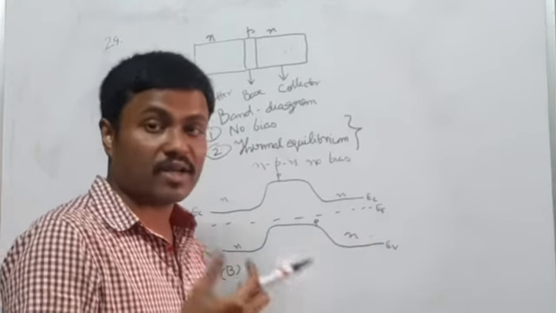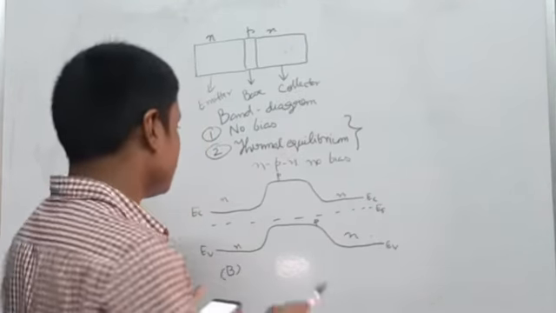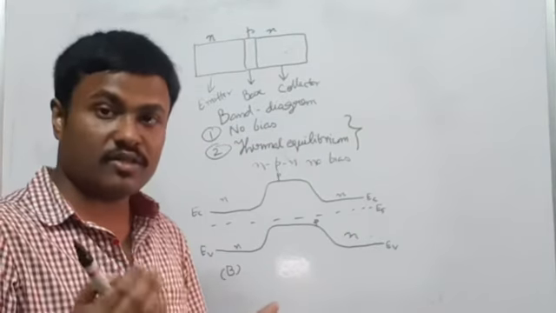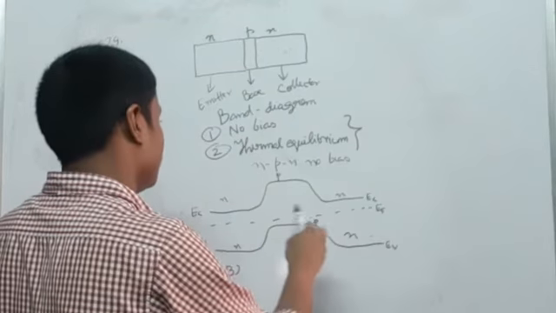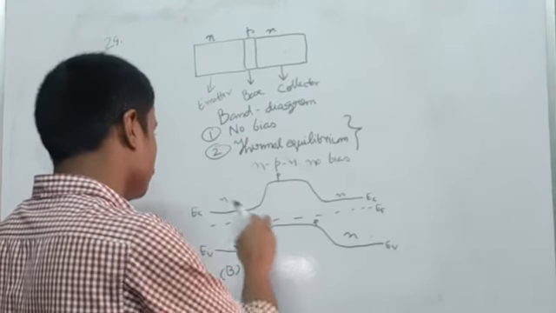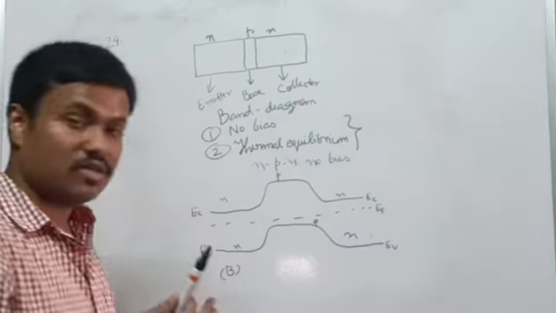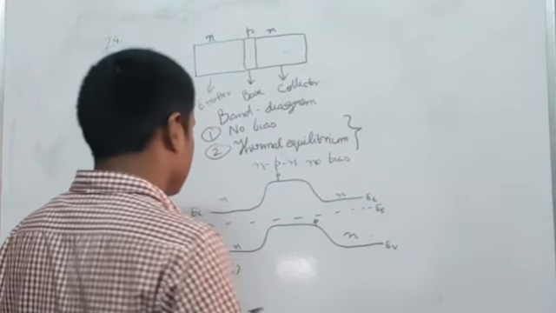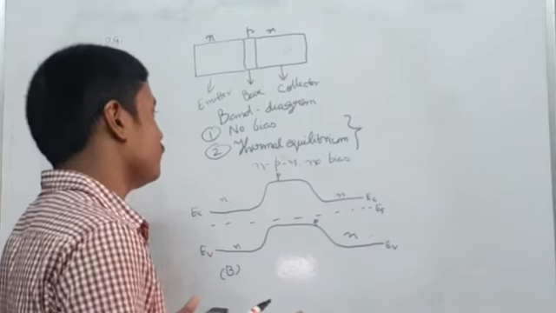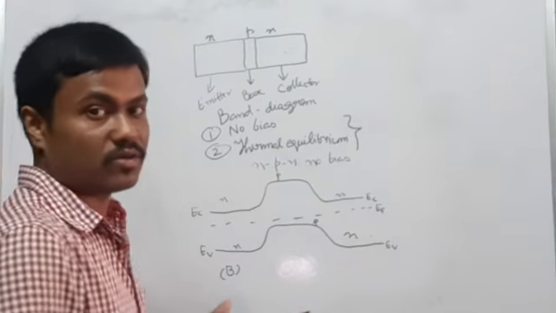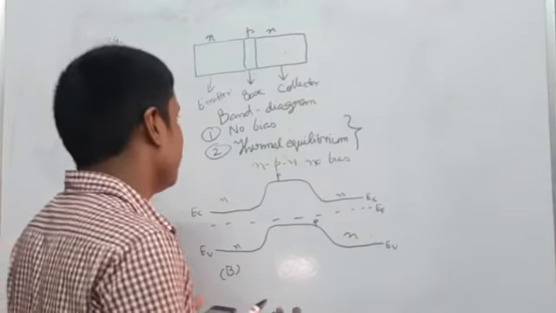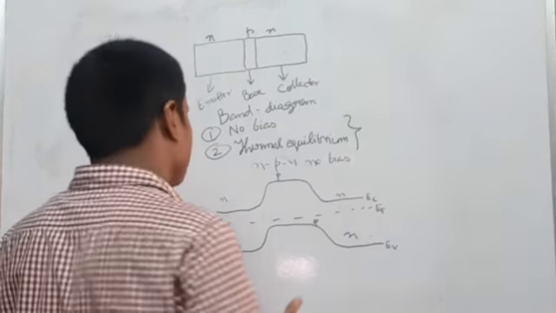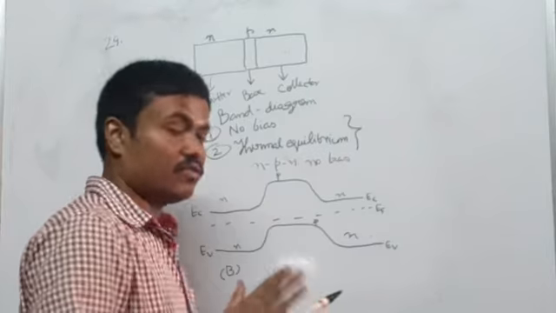If you apply bias, then depending on the bias, the Fermi level actually starts shifting. The Fermi level will not be at the same level anymore. The Fermi levels for the P doped region and the two N doped regions now start varying. But since they don't ask for any kind of bias or any kind of non-equilibrium situations, which can happen if you bias it, we don't have to worry about that here.